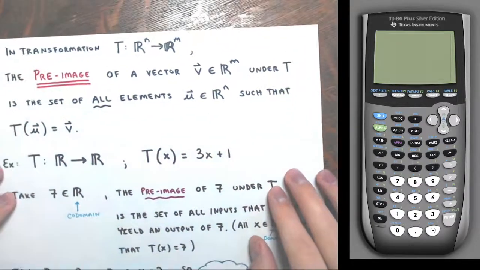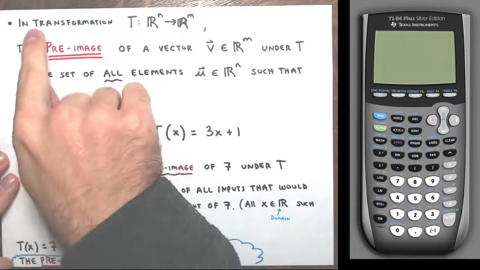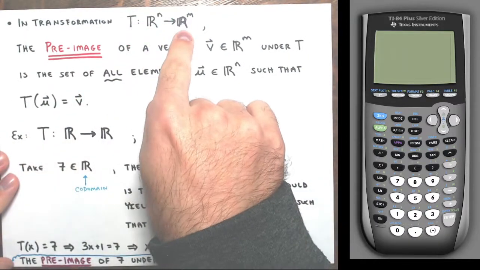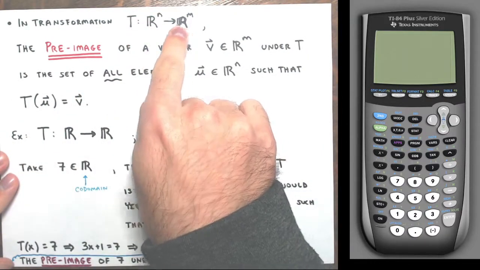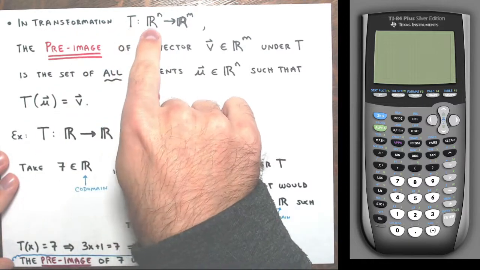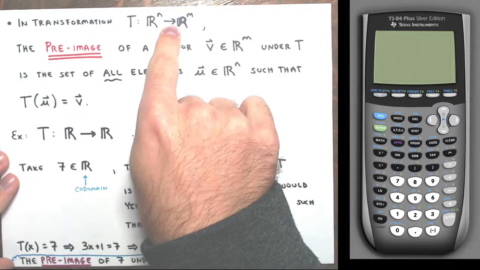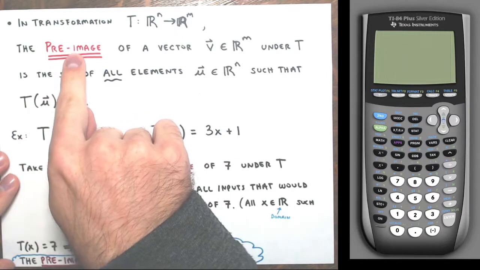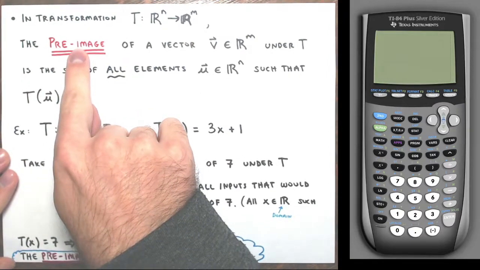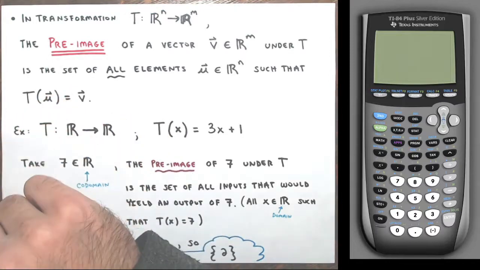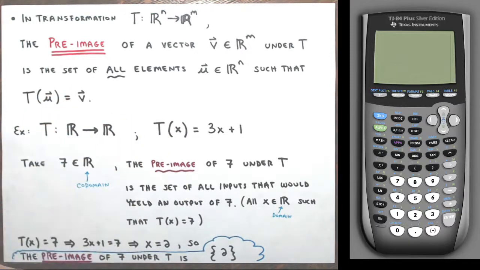Okay, now another definition. So again, in a transformation T from Rn to Rm, the pre-image. The last page was about the image: the image of an input is its output.